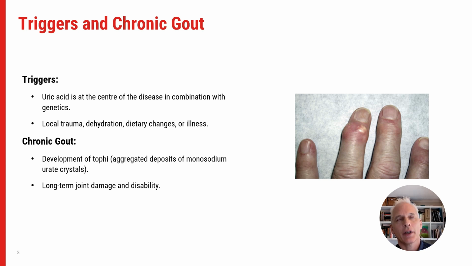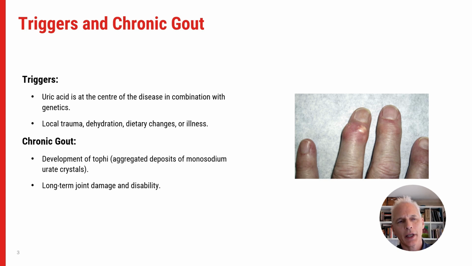So it could be an increase in alcohol consumption, for example. It could be a sudden increase over a number of weeks or months of certain foods, particularly shellfish and organ meats. And illness is certainly another trigger. So if you have an illness which tends to be pro-inflammatory, it can often trigger the gout attack.